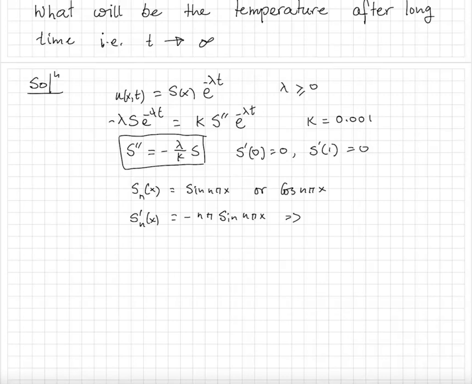That indicates S_n'(0) is 0, and S_n'(1) is minus n pi times sine n pi, and for n any integer, sine n pi is 0, so that is also 0. But if you take sine n pi x for your solution, then the derivative of sine is cosine, which does not vanish at the boundary. So we are not going to take a sine solution. By looking at the boundary condition, you decide which are the eigenfunctions for your heat equation.